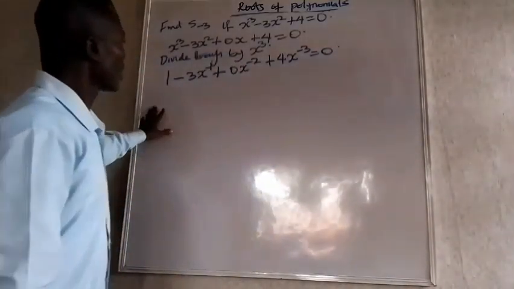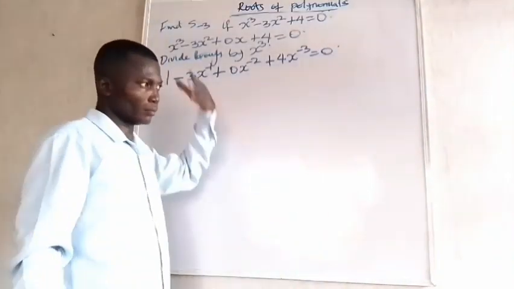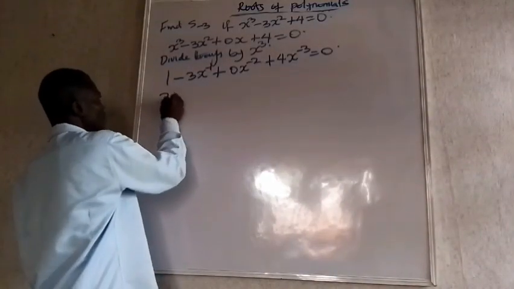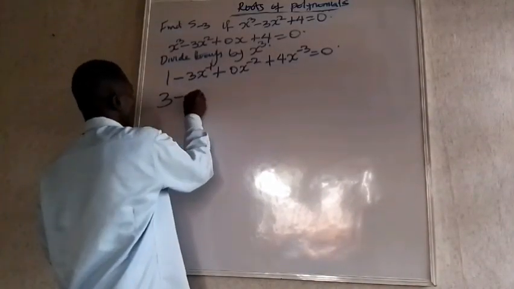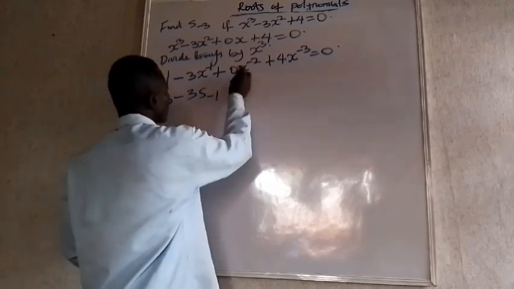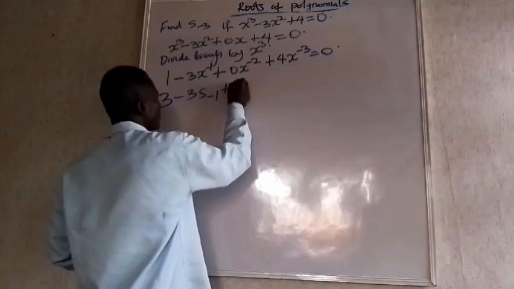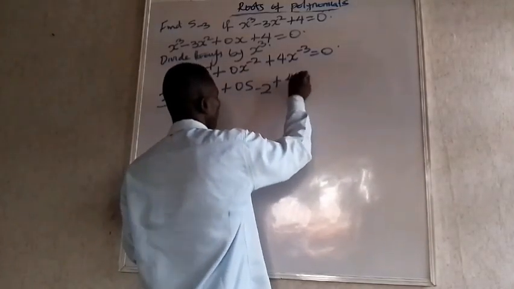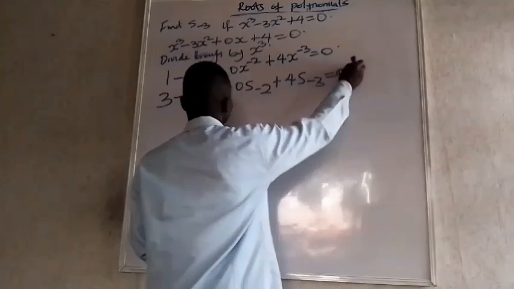Now, if we use recurrence, we are going to have 3 minus 3 s minus 1 plus 0 s minus 2 plus 4 s minus 3 equals 0.